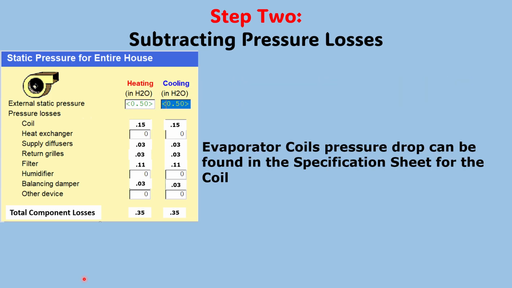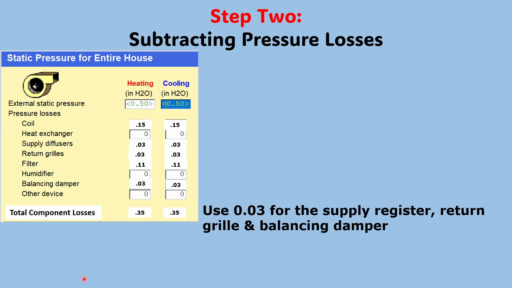The evaporator coil's pressure drop can be found in the specification sheet for the coil. Use 0.03 for the supply register, return grills, and balancing damper. That's an ACCA recommended number. So that's 0.09 off your pressure budget right off the top.